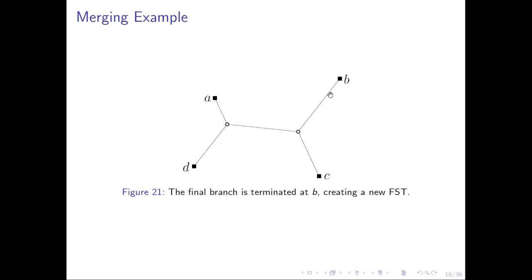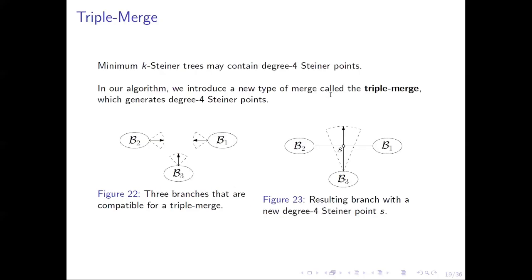Okay, so that's all nice and good, but we only generate 3 Steiner points this way. But I've mentioned that we have 4 Steiner points when we have a restriction on the number of Steiner points. So we have to create a new type of merge, and that is called the triple merge, because we're going to be merging 3 branches.